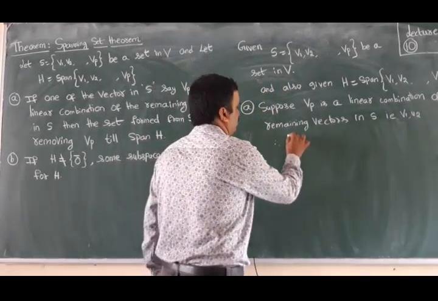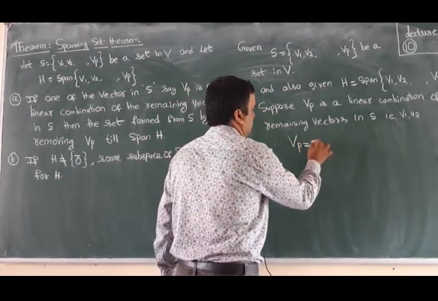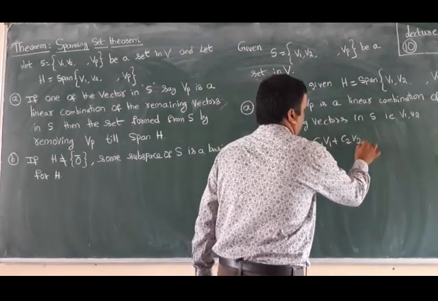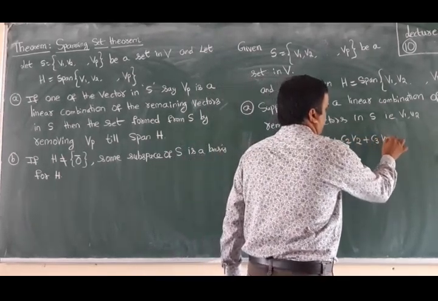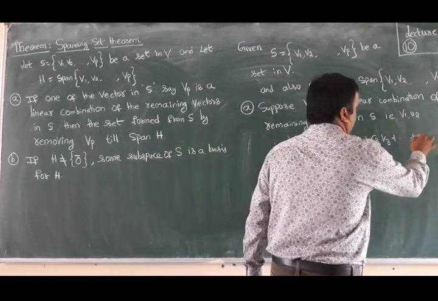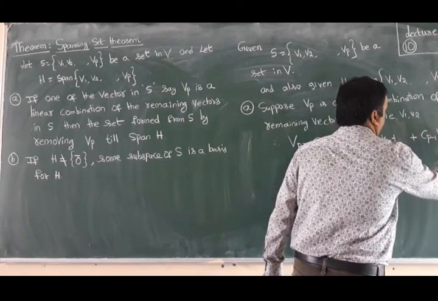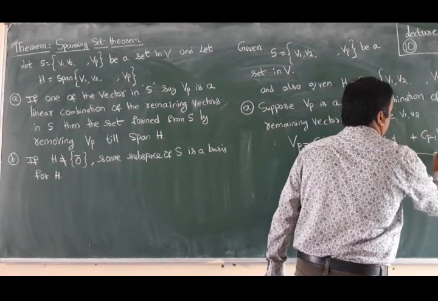What are the remaining vectors? V1, V2, so on, Vp minus 1. So we can write like this. Therefore, Vp is equal to C1 V1 plus C2 V2 plus C3 V3 plus so on, Cp minus 1 Vp minus 1. Equation number 1.